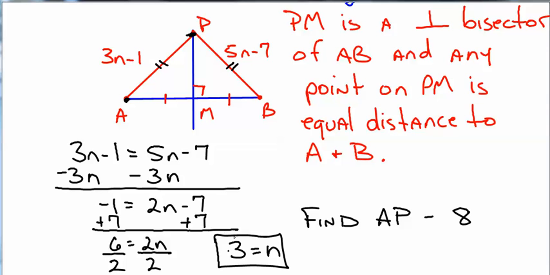And n is 3, so 3 times 3 minus 1 is 8. So make sure you read the problem. Make sure you know if you're solving for n or if you're finding the length of the side. Yes, ma'am. Plug it in to find the length.